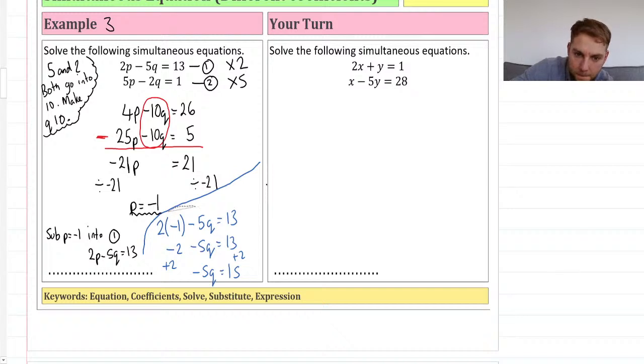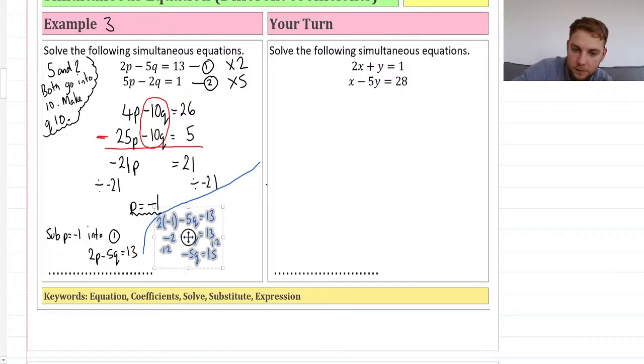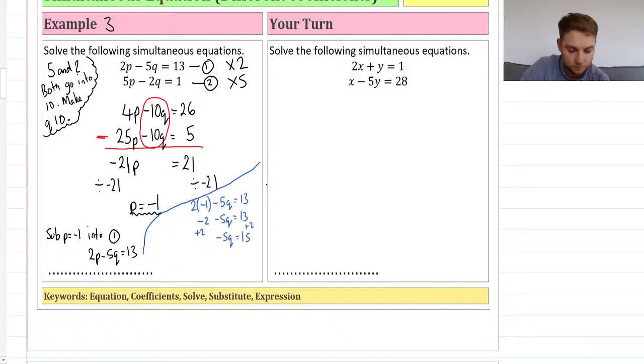Last little part is I need to divide by the minus 5. Divide by minus 5, divide by minus 5.